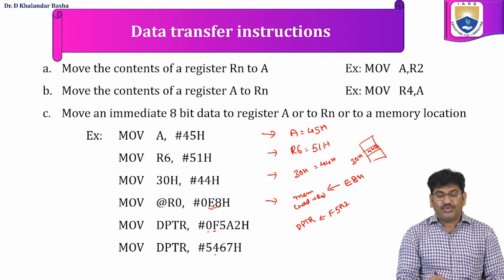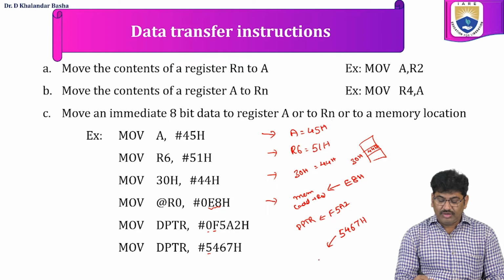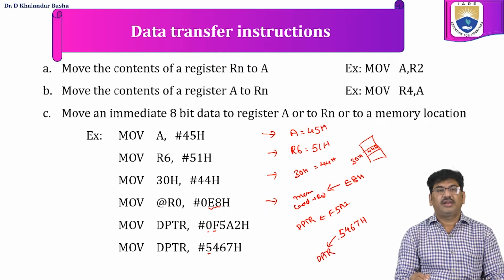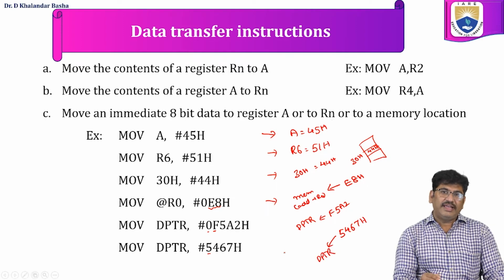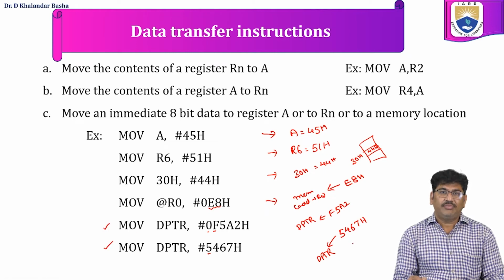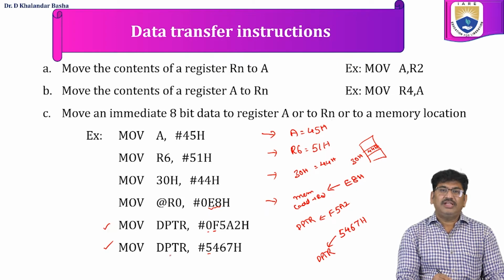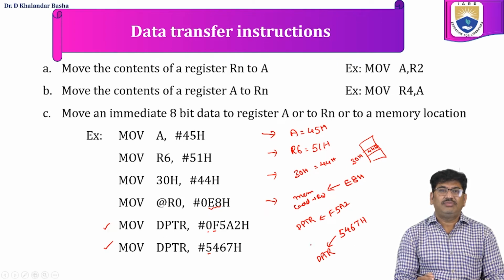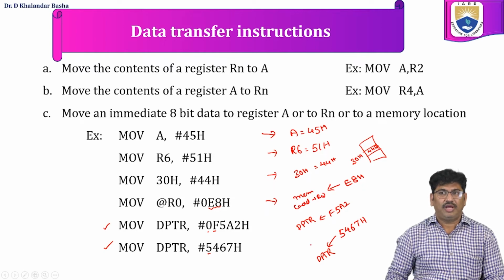The immediate data is 5467H. As the immediate data is starting with a numeric, we are not going to prefix it with 0. So 5467 is the immediate data which will be copied into the DPTR register. In all these examples, except the DPTR move instructions, the remaining are all 8-bit data transfers, whereas DPTR is 16-bit in size, so 16-bit data will be loaded into DPTR.